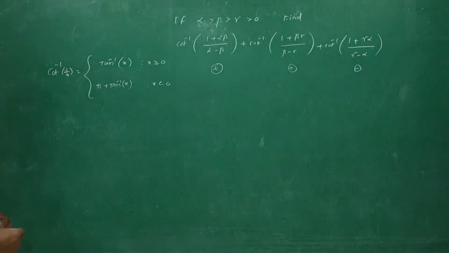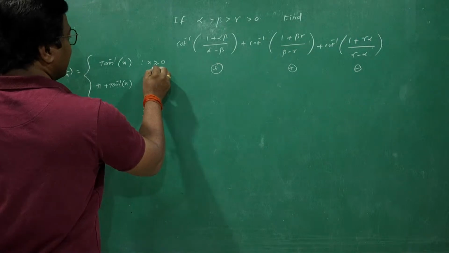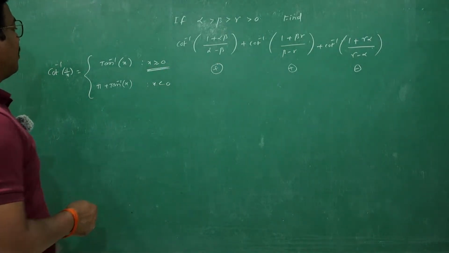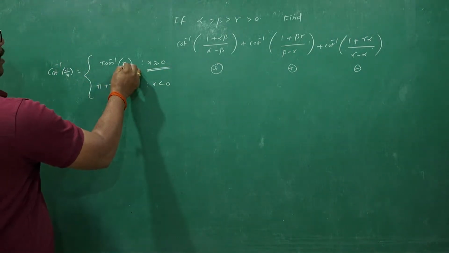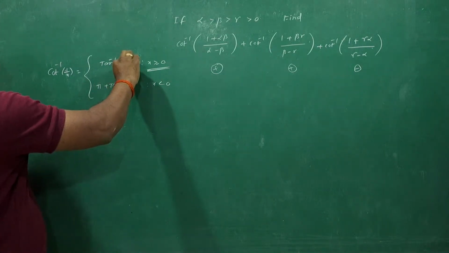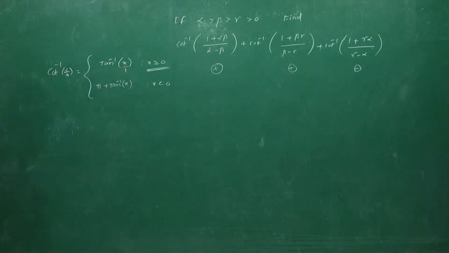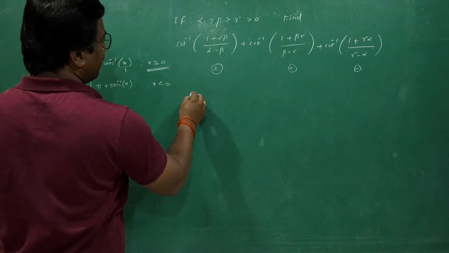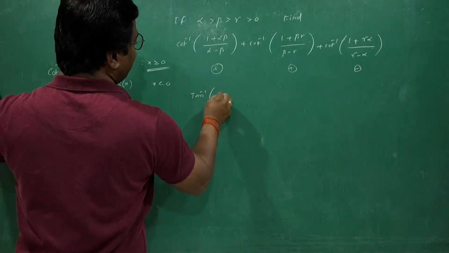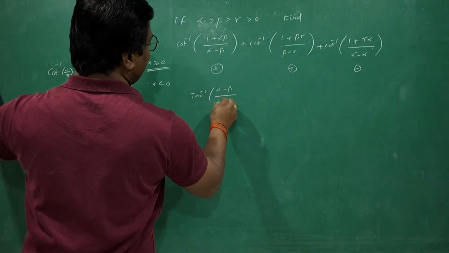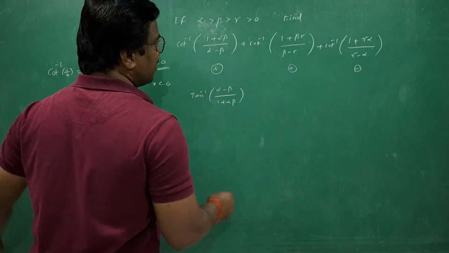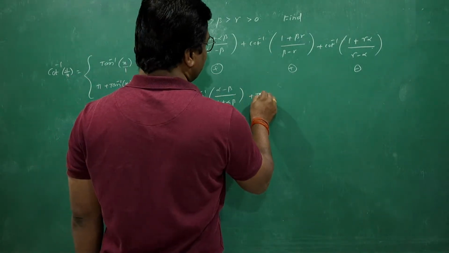Whenever there is a positive input, you can write the internal part as a reciprocal and the outer part as tan inverse, so tan inverse of (alpha minus beta) divided by (1 plus alpha beta), which is positive.